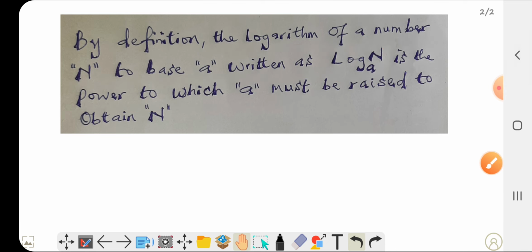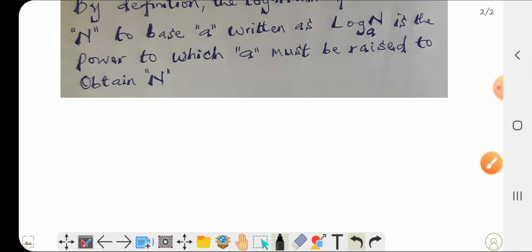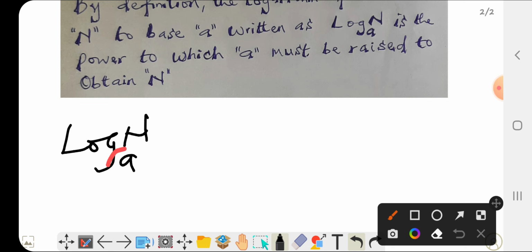So from this definition, if we write out this particular value, we're going to have log n to the base a, and they are actually saying that a raised to power what will give n. So that's just it. A raised to power what will give n.